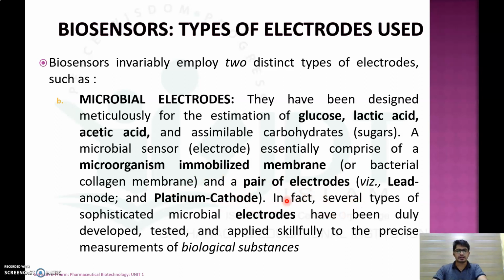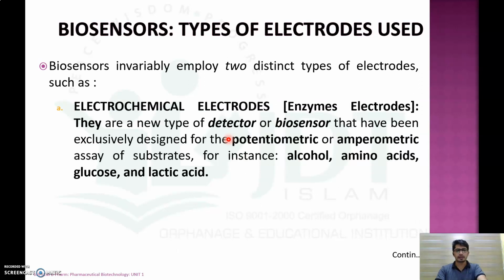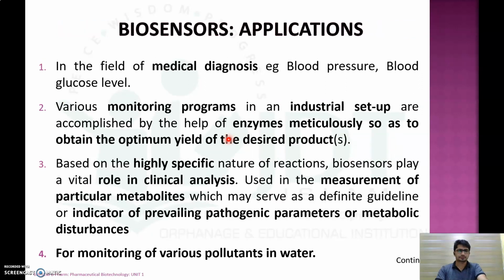In fact, several types of sophisticated microbial electrodes have been duly employed, tested, and applied skillfully to the precise measurement of biological substrates. So these are the two important types of electrodes: microbial electrodes and electrochemical electrodes.